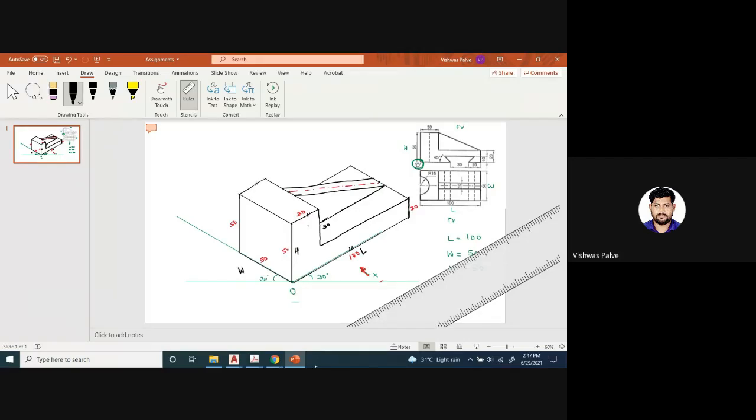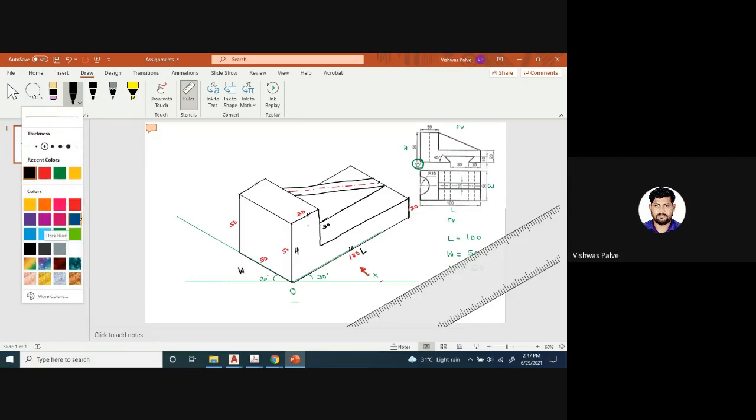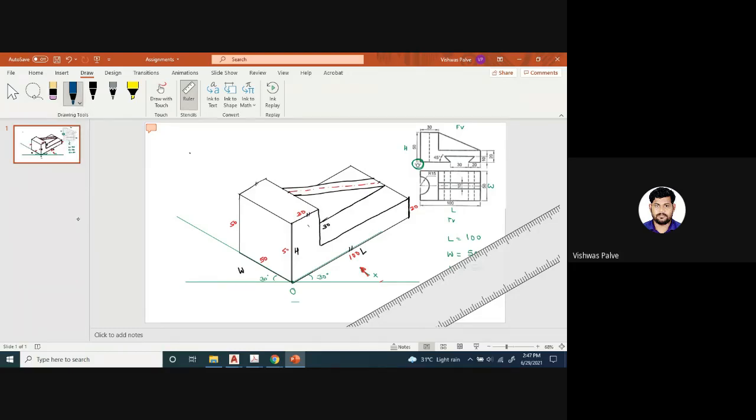Directly I cannot draw this slot. For that I have to calculate the distance, because the angle doesn't remain the same in isometric. The angle will change. So I can do one construction. I will take 30 millimeter from these 2 points.